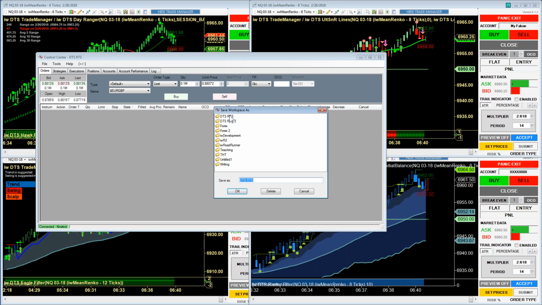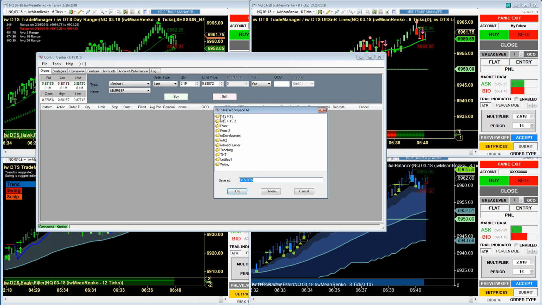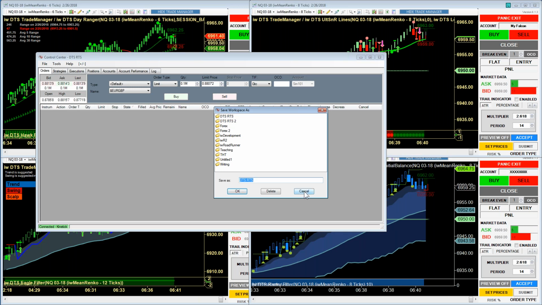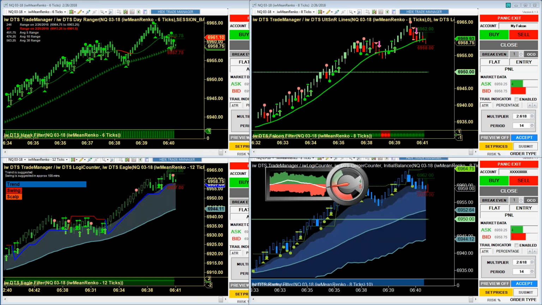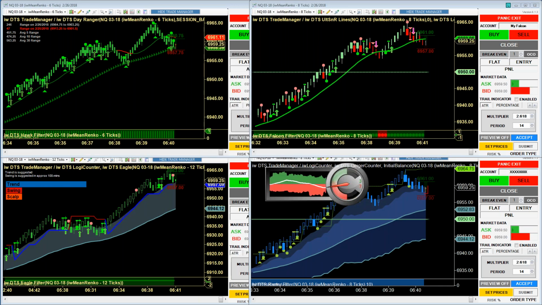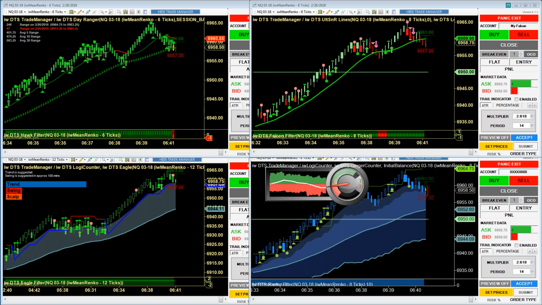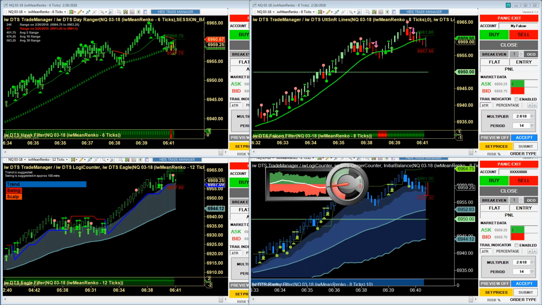That way, if one file gets corrupted, you can just simply load the other one. Which, if you're like me and you have a bunch of charts open, it can be a little bit of a hassle, a little annoying to reload all your charts, rebuild all your charts from scratch.